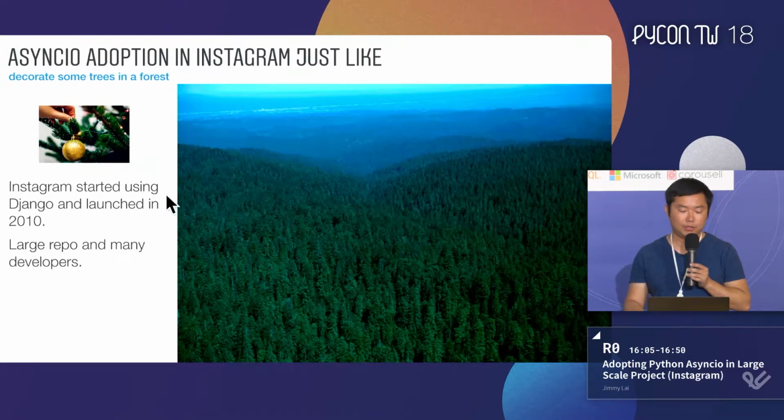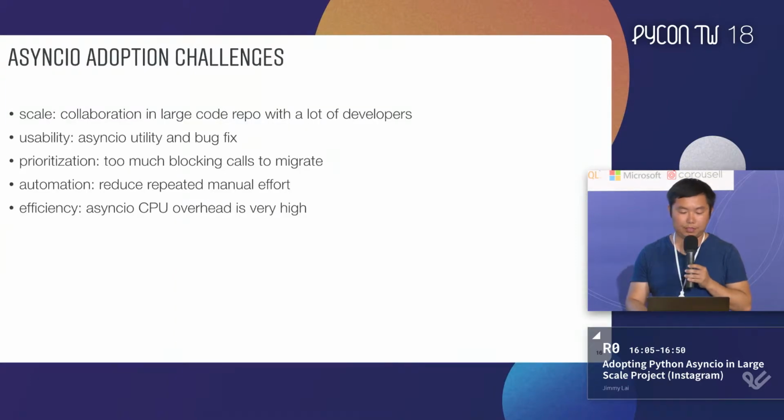because Instagram started back in 2010, so it's already been developing for a while. In our repository, we have a lot of code, and a lot of developers continue updating the code. So we will have the following challenges. First is scale.